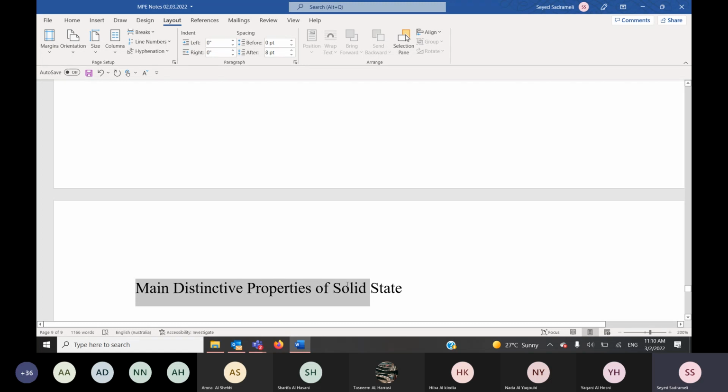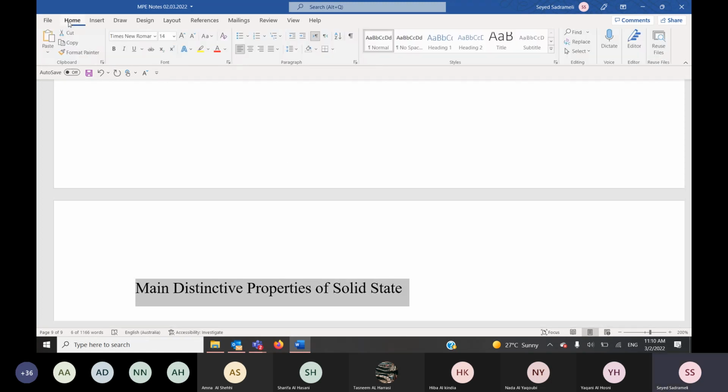So what do you think about the properties of the solid? Which property is the most important for the solid handling?